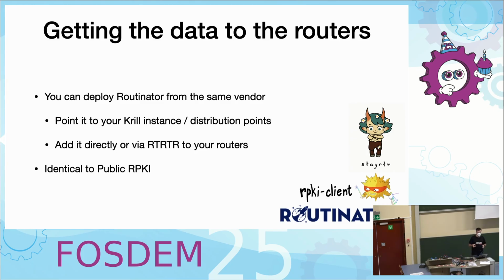And of course, this is not two physical instances. You can have 100 virtual machines. It doesn't matter. It's two hierarchies in reality. And then you point it into your distribution points that Krill creates for you. And it's the same thing, same configuration, nothing changes. And now your filters are, if this prefix is mine, then ROA is valid.